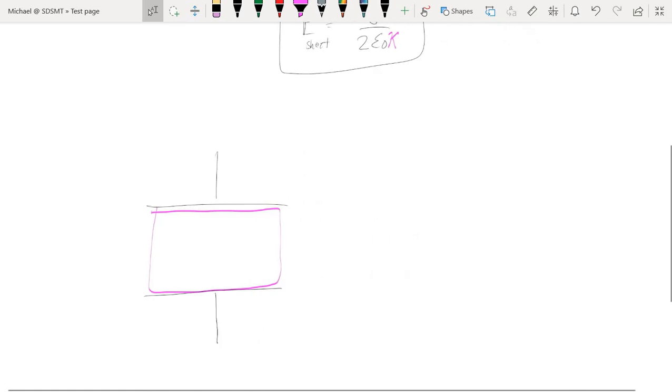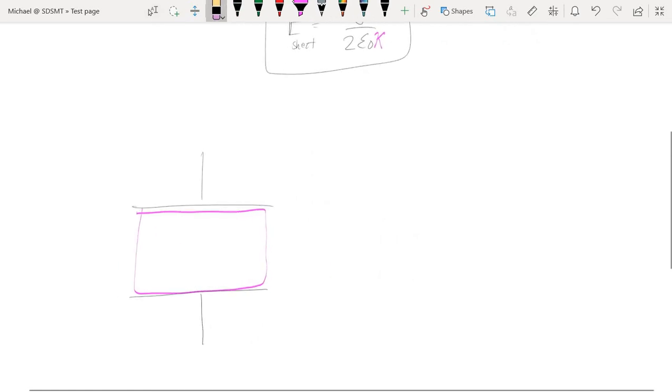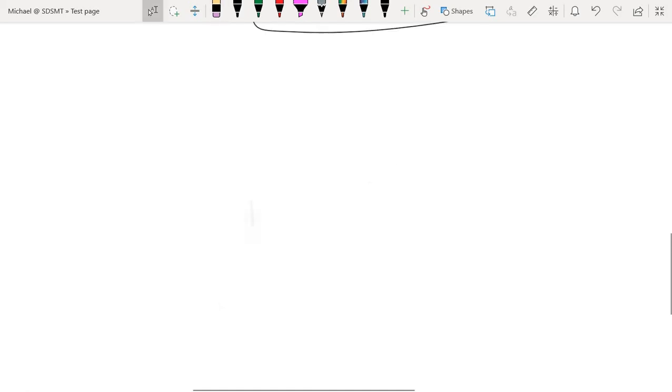Okay, one last bit for these dielectrics. I'm going to zoom in here because the highlighter option is getting kind of thin.